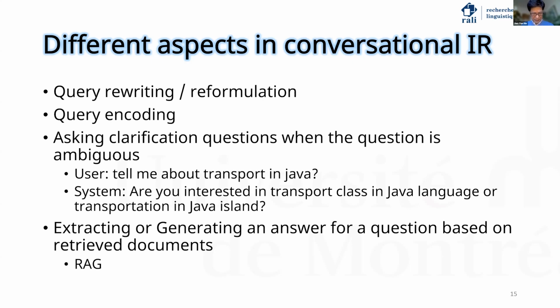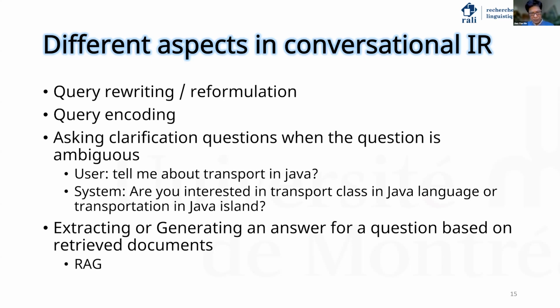Here is one example. Suppose that the user asks, tell me about the transport in Java. And the transport in Java could be interpreted as the class Transport in the Java language or the transportation in Java island. So there could be a clarification question asked to the user to choose one of the meanings.